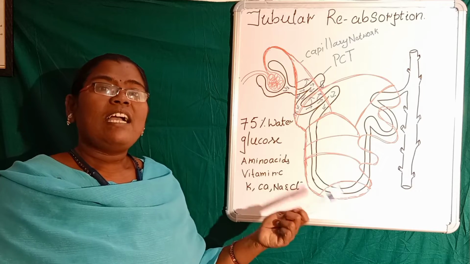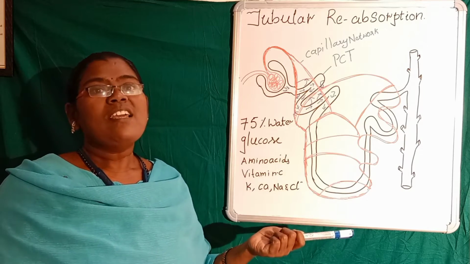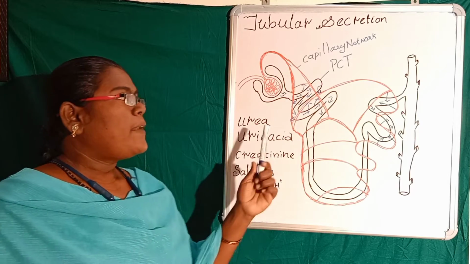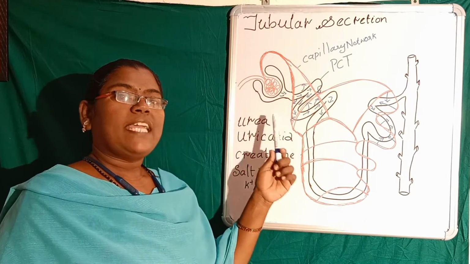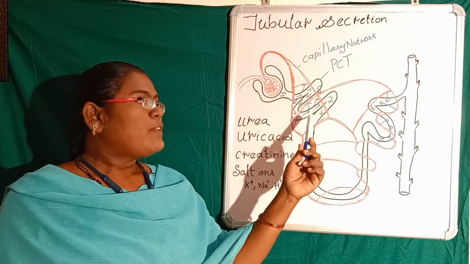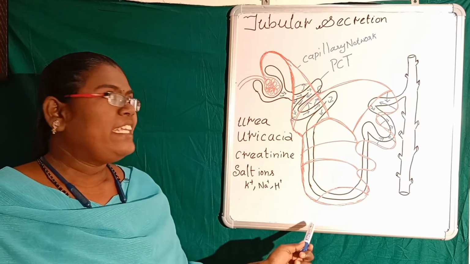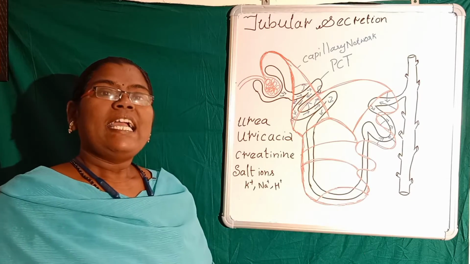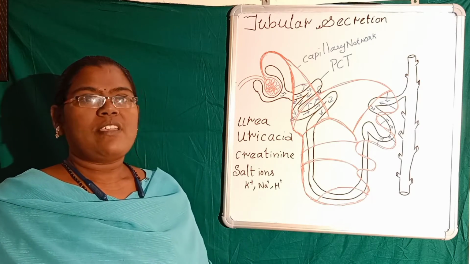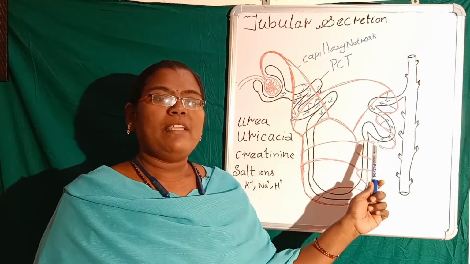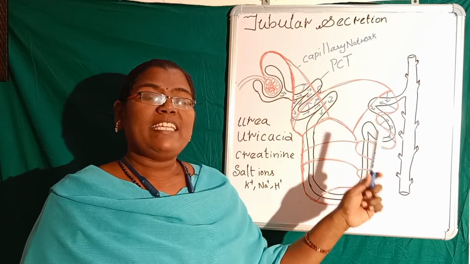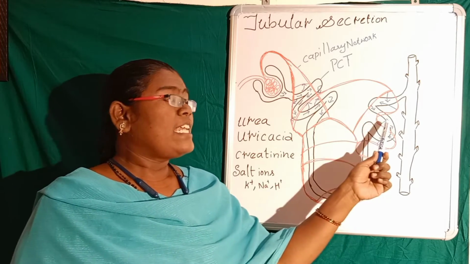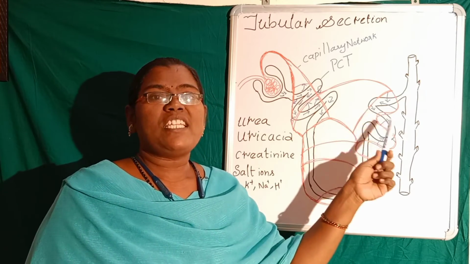Next we move on to tubular secretion. After reabsorption, the filtrate passes through the loop of Henle and the DCT, the distal convoluted tube. It is an active secretion process from the blood capillaries. There are still some remnants of waste material, and these waste materials are secreted into the urinary tubule.